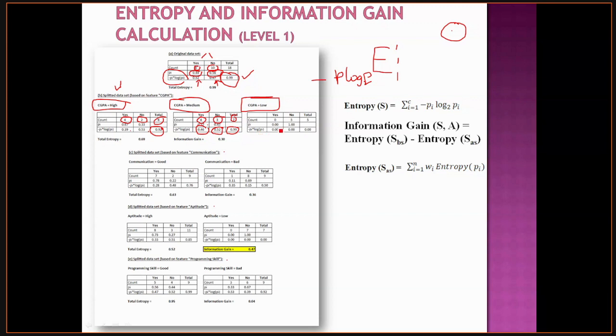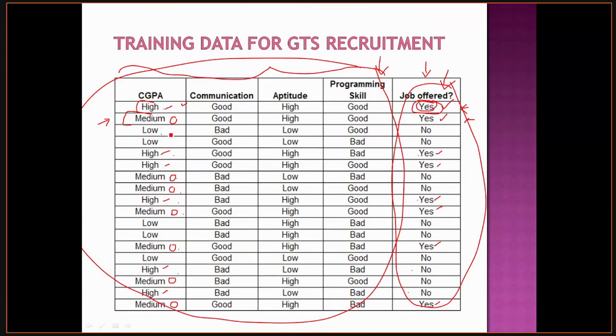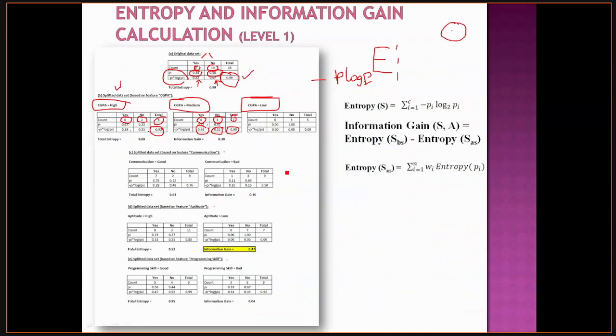Okay, and the last one is CGPA as low. How many times? So this is 1, this is 2, this is 3, this is 4, this is 5. So 5 cases where CGPA value is low.